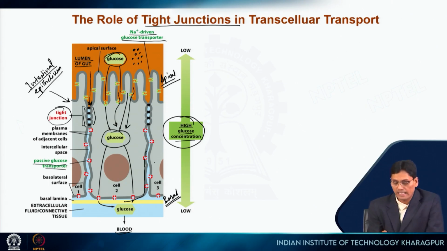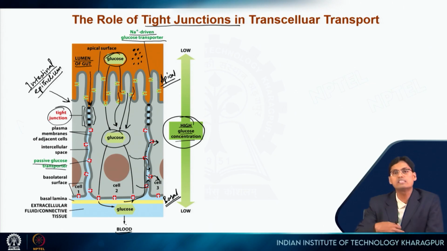As a result, some glucose molecules will come to this passive glucose transporter, and through it they can also enter. So directly from the gut lumen to these cells, and from these cells it passes and goes to the blood.